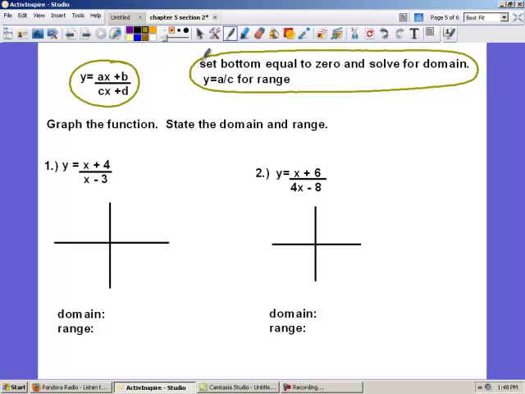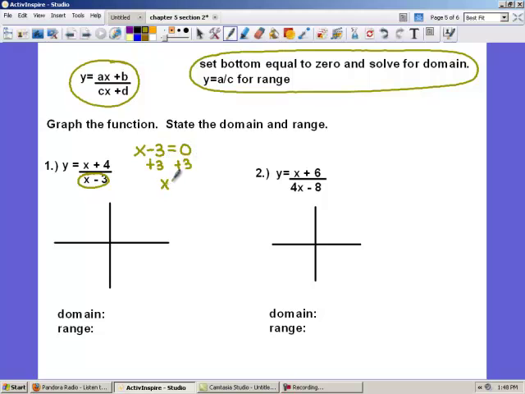Okay, so when we're graphing the function, I'm going to try graphing this without using the calculator. So when we're talking about domain, we need to set the bottom equal to 0 and solve for domain. So here's the bottom. We're going to set that equal to 0 and solve.